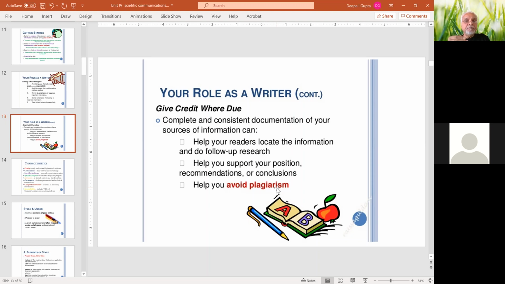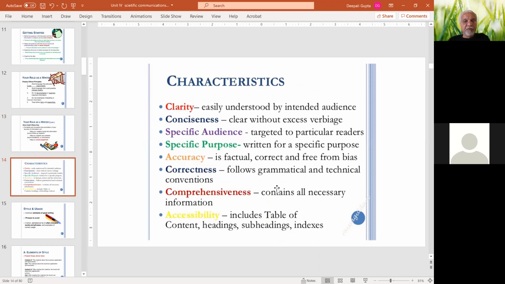Because the readers can go back to the original and follow that research, or that information, and see what's going on in that area. And of course, the information you're using is to support your position, recommendations, and conclusions, etc. So this is another point which one has to keep in mind as a writer, that you should give credit to this.